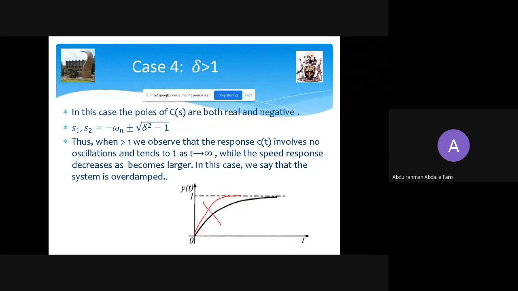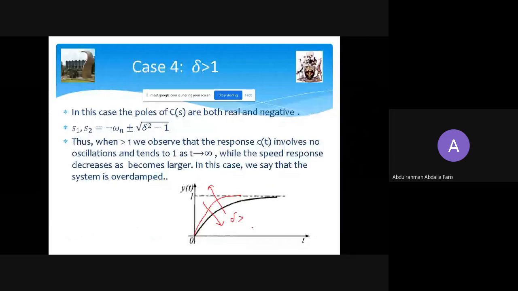As we increase delta, we go to this side; as we decrease, we go to that side. This takes a lot more time than the critically damped system, and we call this an overdamped system.